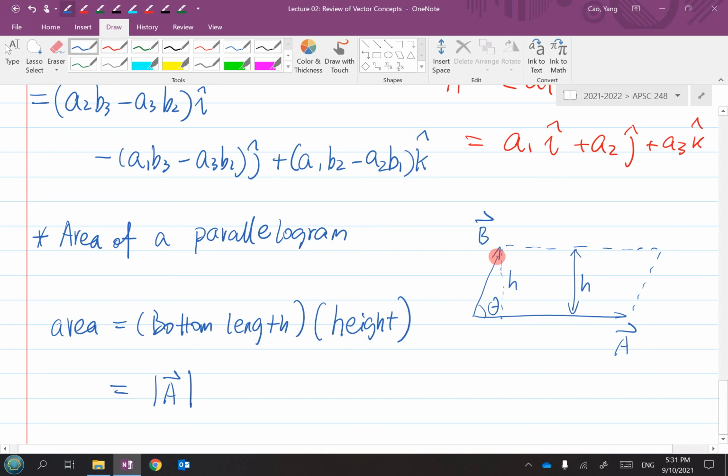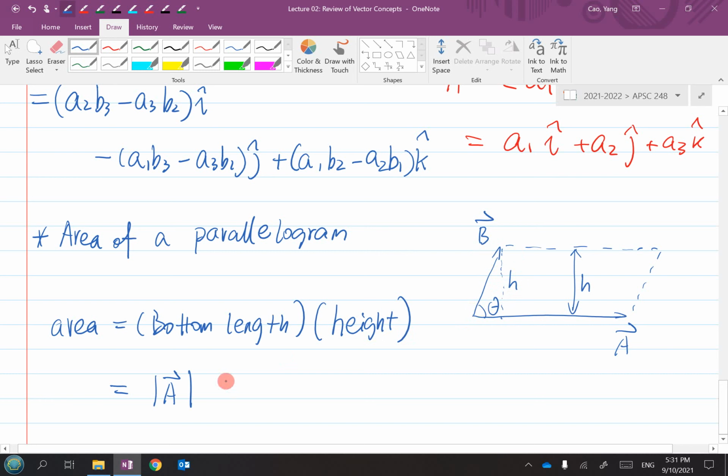If I want to make use of all the symbols within this picture, here is the right triangle, and you also have the theta here. So the height h, if you want to express h using the length of this side and the theta, what would that be?